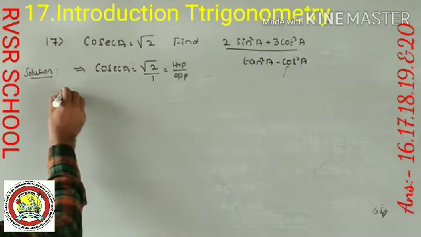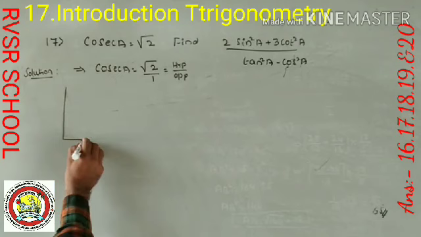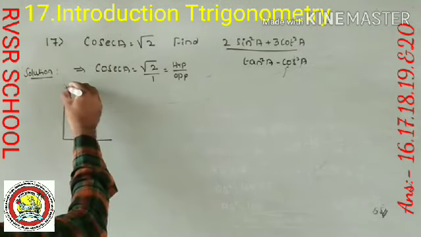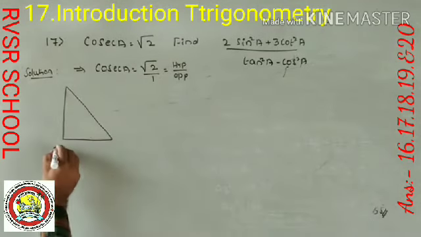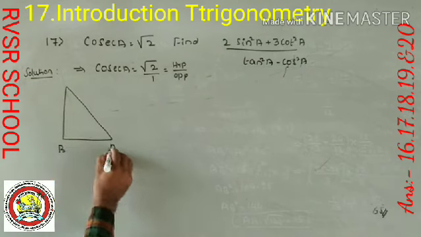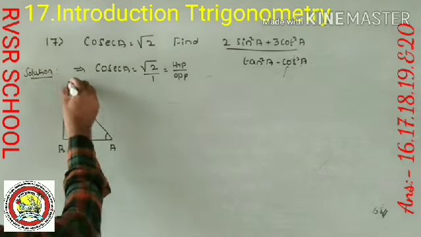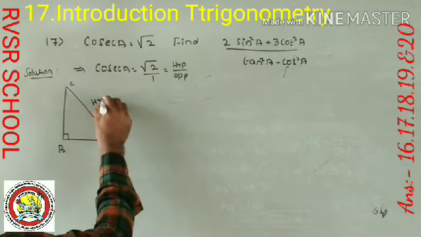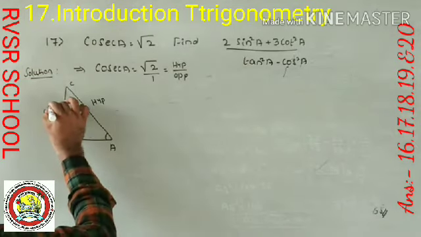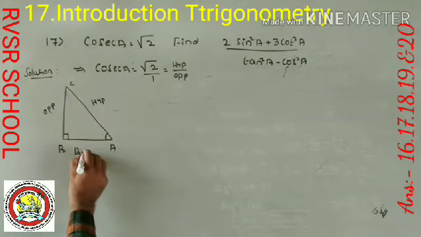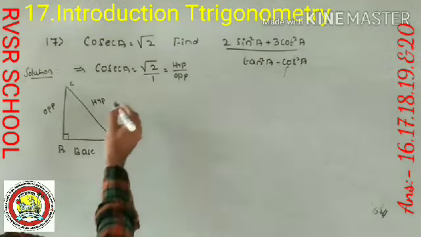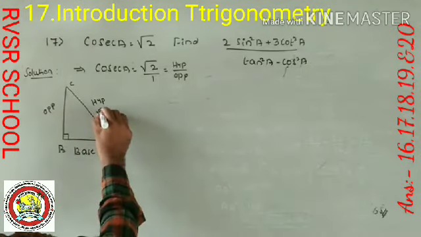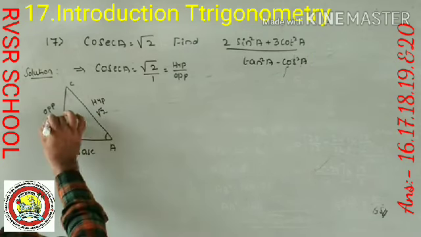Now draw a right angle triangle. Call it ABC. A is here, consider A is acute, right angle at B. This is the hypotenuse, this is opposite, this one is the base. So hypotenuse is root 2, opposite is 1.